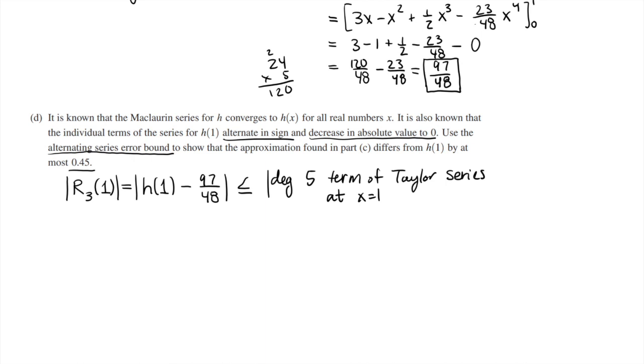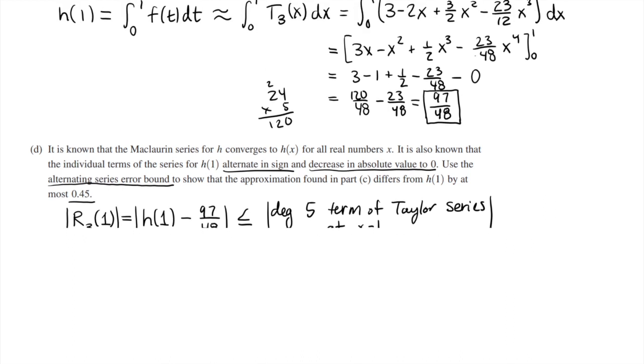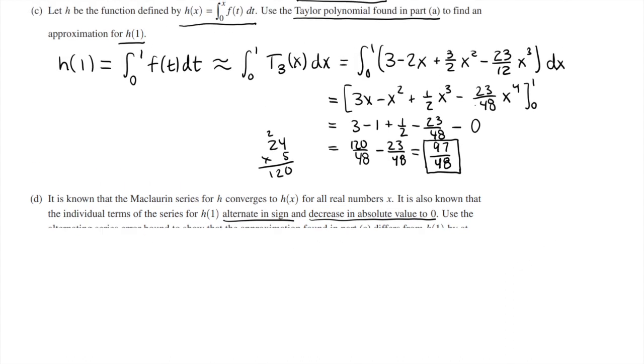All right, and so what we have to do is figure out what this next term, this 5th degree term, would be. In order to find that, we have to know what the degree 4 term of our Taylor polynomial for f would be, so that we can integrate it.